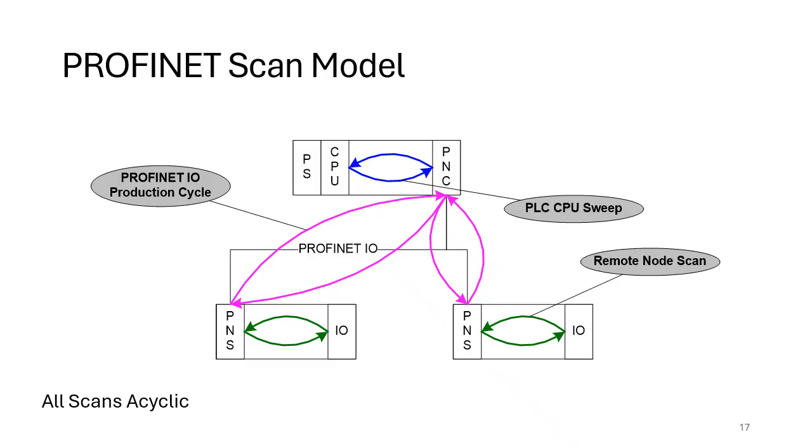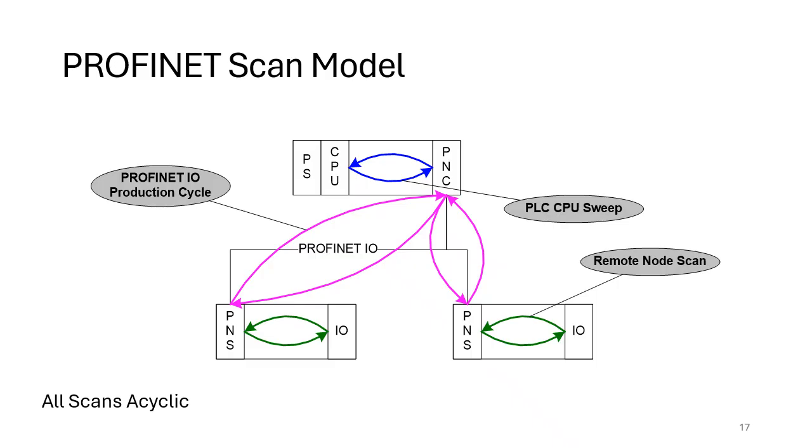If your CPU and your PROFINET controller are separate devices, which often they will be, even if they're in the same device, it's often a separate communications subset of either the operating system or of the hardware even if they're in the same box. So you've got the PLC CPU sweep with the backplane scan, even if it's an internal scan.